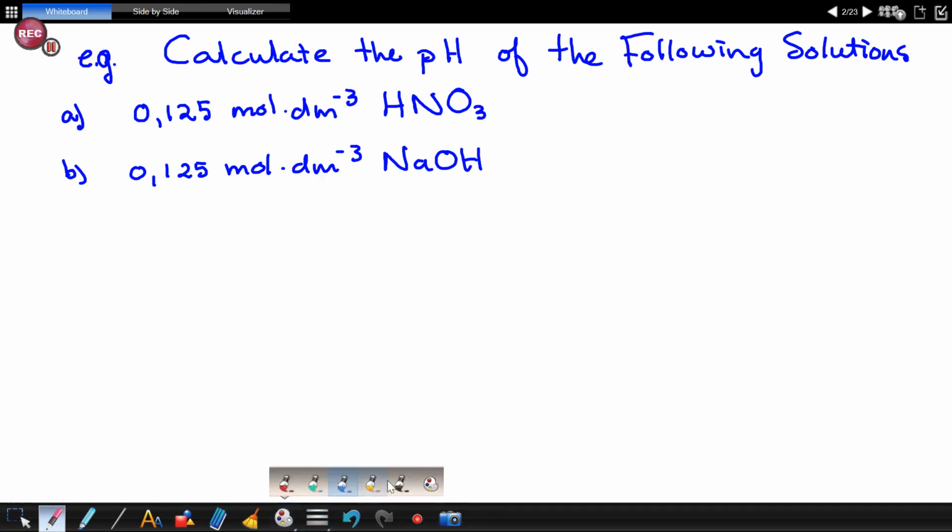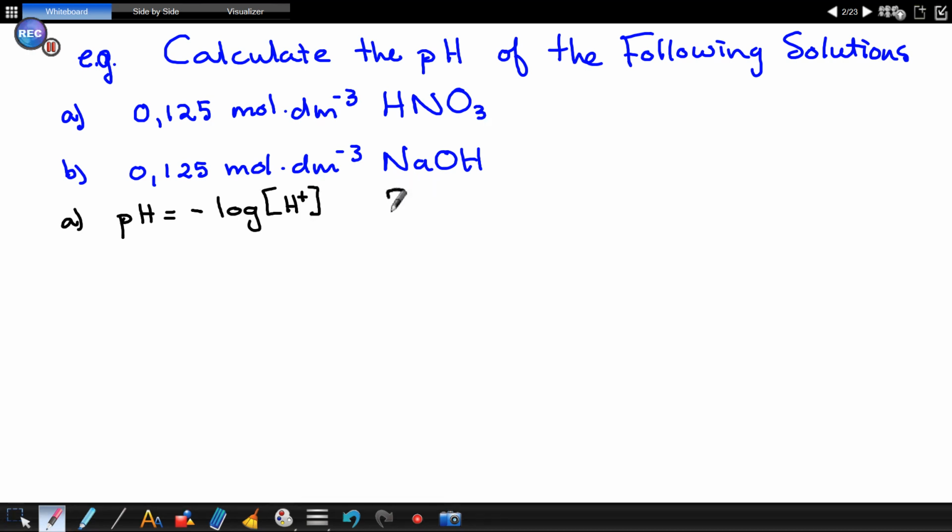So the first one, 0.9. Yes. In the first one, pH is equal to negative log the concentration of the hydrogen ions.